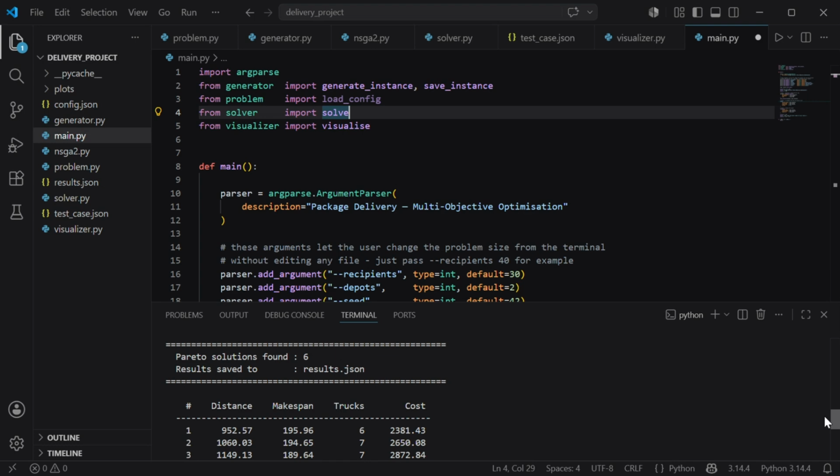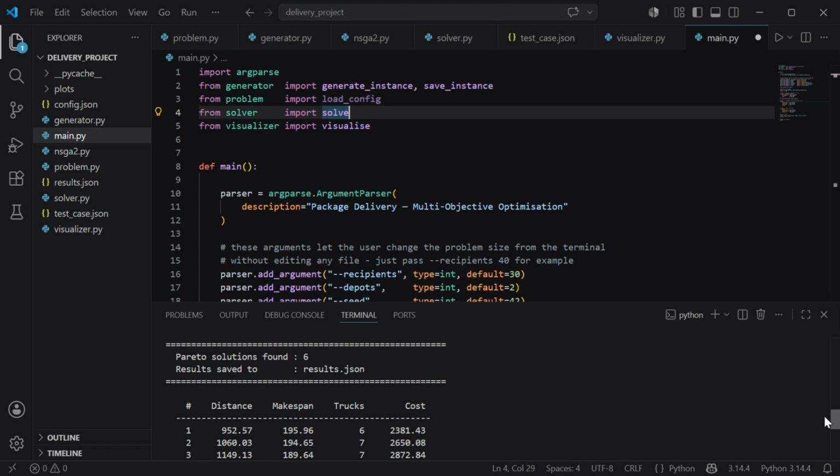Then 2 depots. Depots, so we have two depots here. Then 30 recipients. Total demand of 536 units.